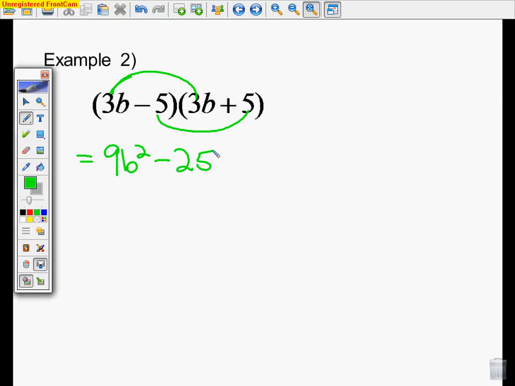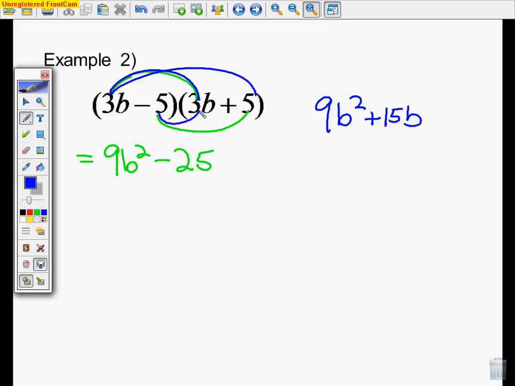Now, let's say by chance that you don't like this pattern, or you don't necessarily see how it works. You can still do the whole FOIL process and get the same answer every single time. In fact, let's just keep that there. How about I just go ahead and, in blue, do the whole process. So 3b times 3b is 9b squared. 3b times 5, that's positive 15b.